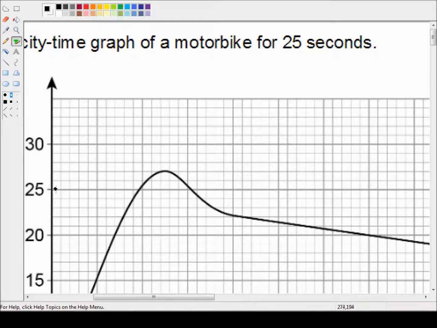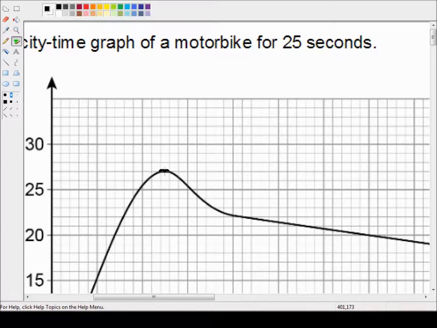So if that's 25, then that's 26, 27. So 27, whatever the units are on the y-axis, would be the point where the acceleration is 0, right here. You've got a straight line here.